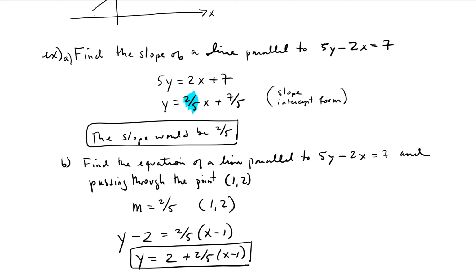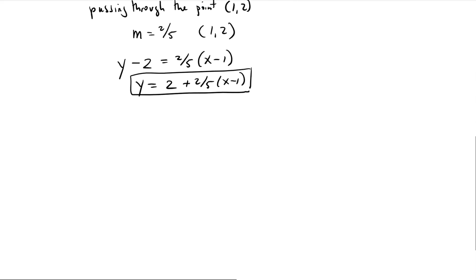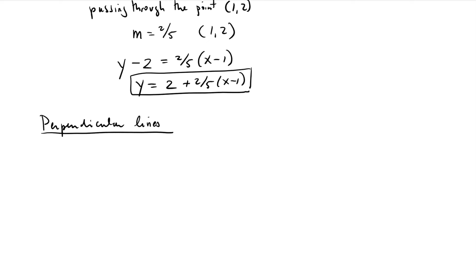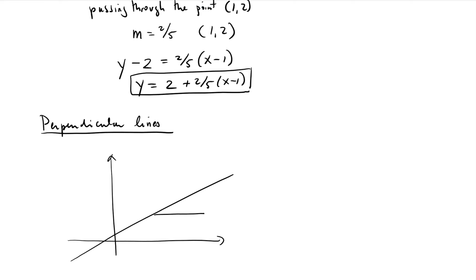Perpendicular lines. Okay, let's draw a diagram of a line. Now imagine I draw a right angle rectangle.